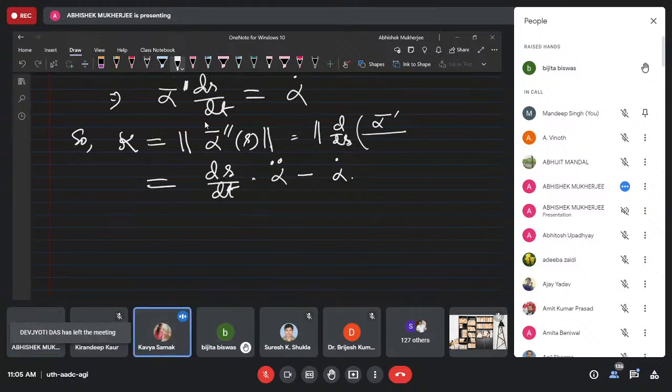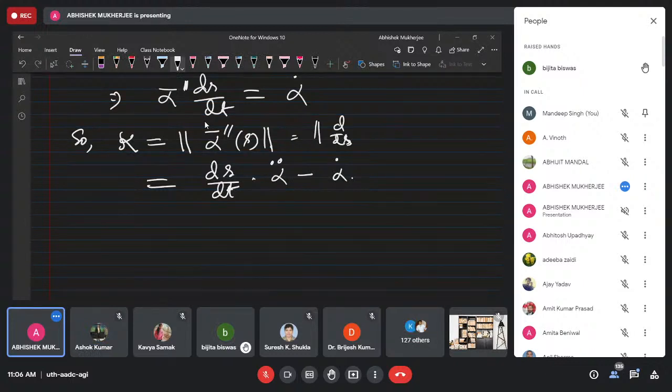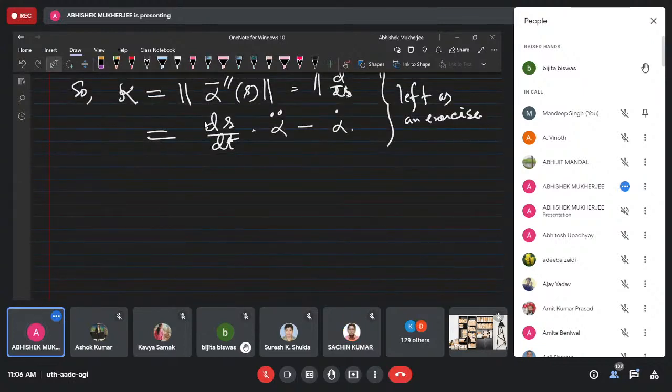So I think we have to find alpha double dot. Leave this for the exercise. Yes, sir, I think that would be better. Okay.